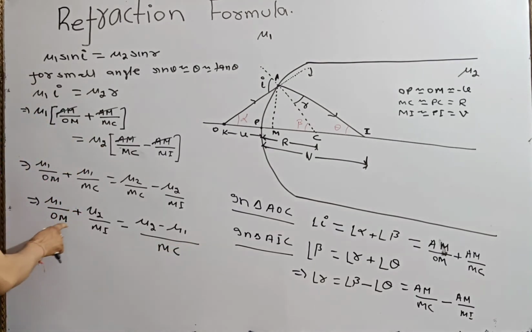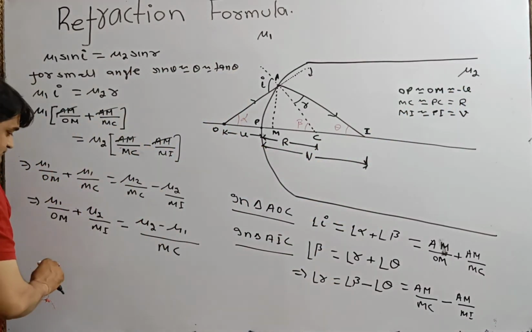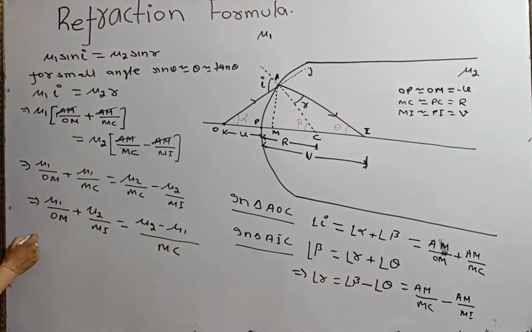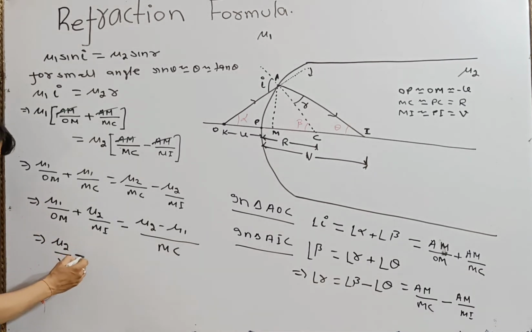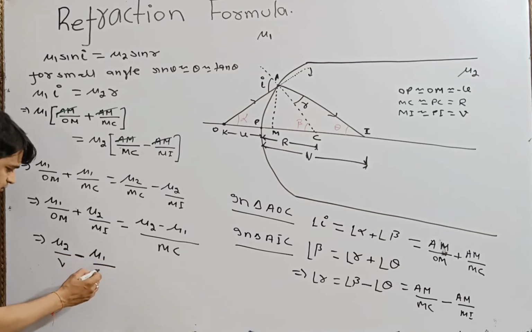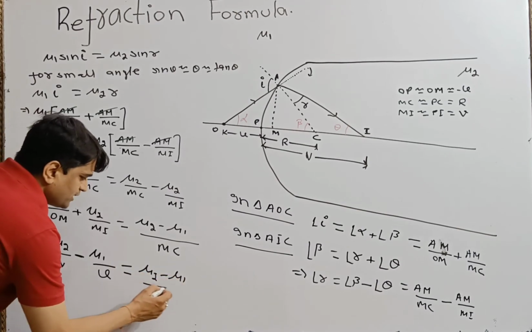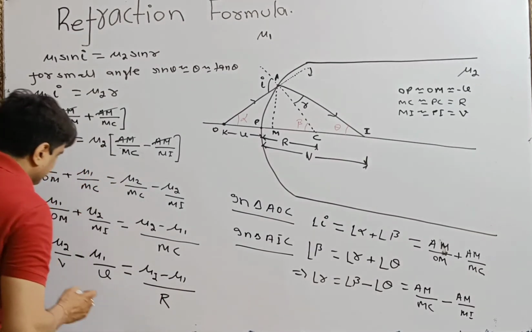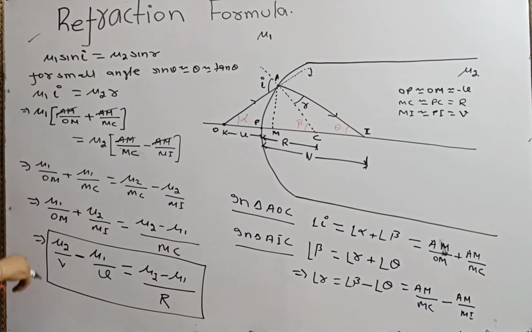Now let's see, OM is equal to minus U, and MI is equal to V. So put the values: mu2 upon V, because this is positive, and OM is negative, so I am putting minus mu1 upon U, and that is equal to mu2 minus mu1 upon MC. MC is R. Okay, this is the final result, and this is called the refraction formula.